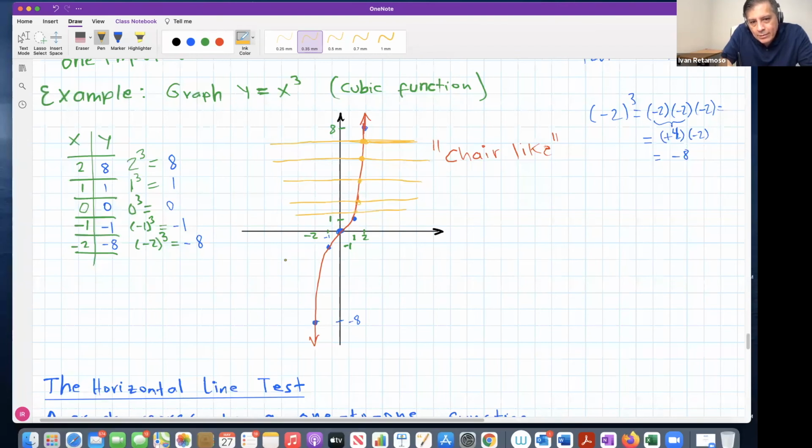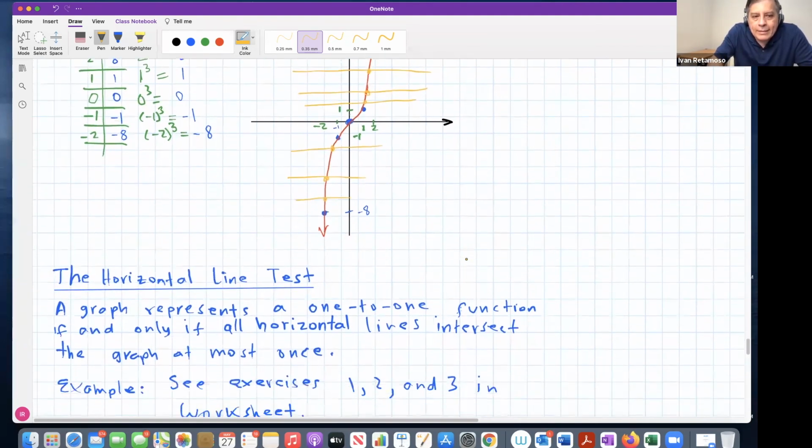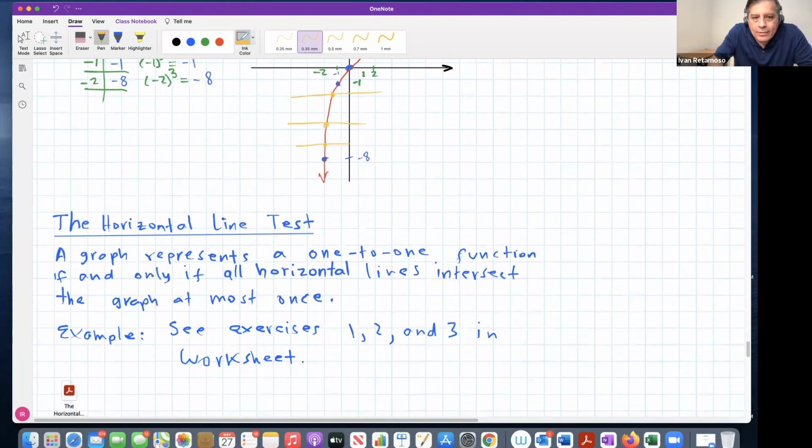No matter where you draw your horizontal line, they meet the graph only once. So mathematicians realized that this is an intrinsic feature of one-to-one functions, so they came out with this rule. It's called the horizontal line test. And it says that a graph represents a one-to-one function if and only if all horizontal lines intersect the graph at most once.